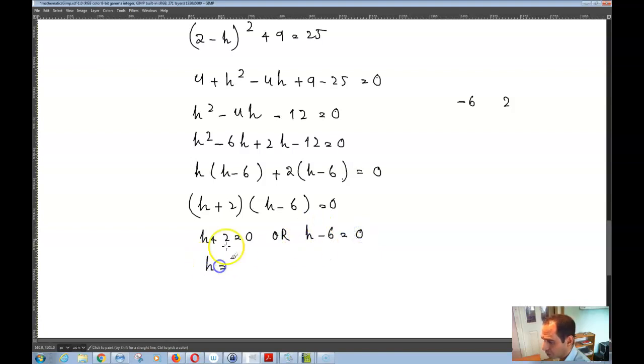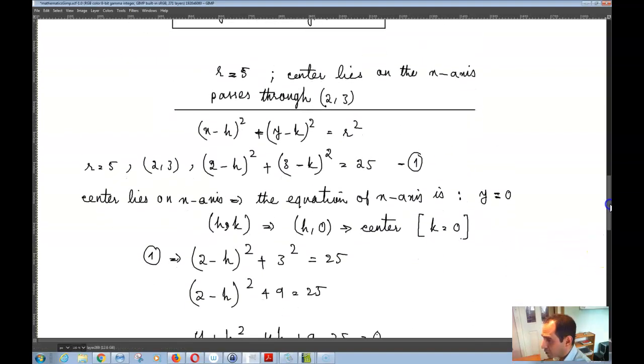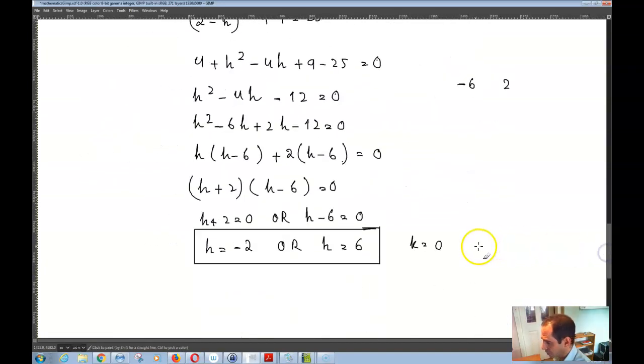That means that either h is equal to negative 2 or h is equal to positive 6. So these are two possible answers for h. Now, I know that my k is equal to 0 and my r is equal to 5.